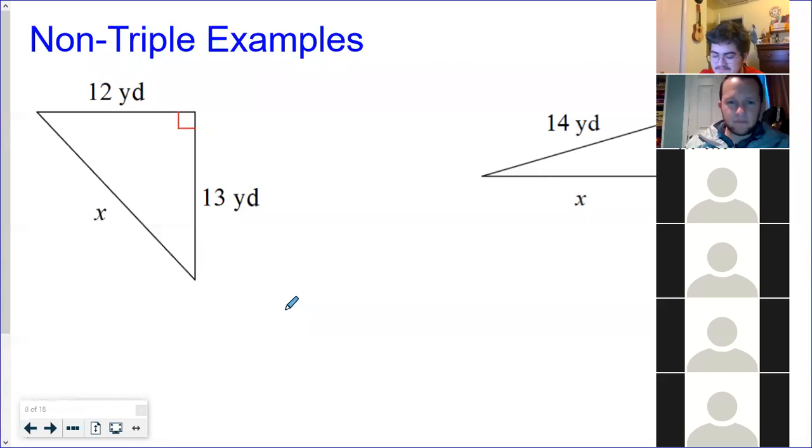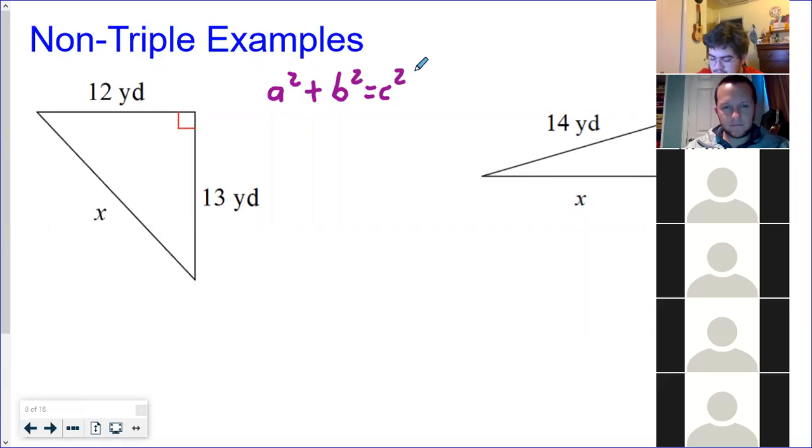Okay, so you'd start with a squared plus b squared equals c squared. And then you would label the sides.